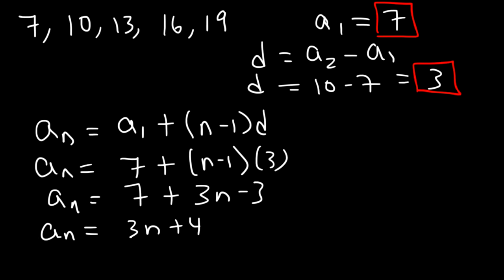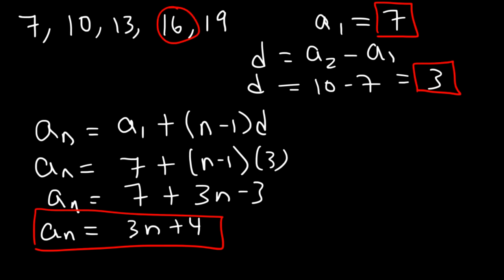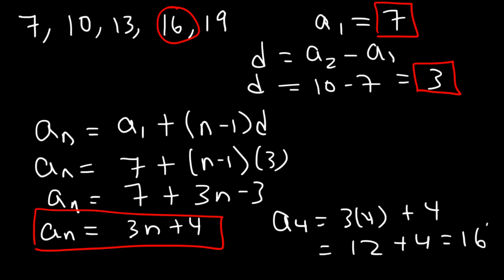So therefore we have this equation: 3n plus 4. Let's say we want to find the fourth term, just to check it. a of 4 is 3 times 4 plus 4. 3 times 4 is 12. 12 plus 4 is 16. So this method works.